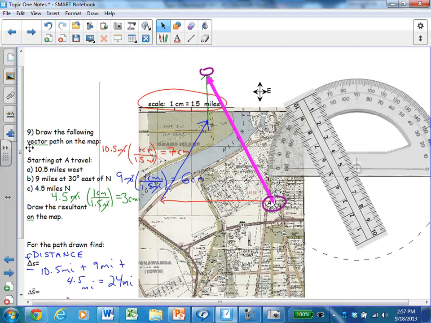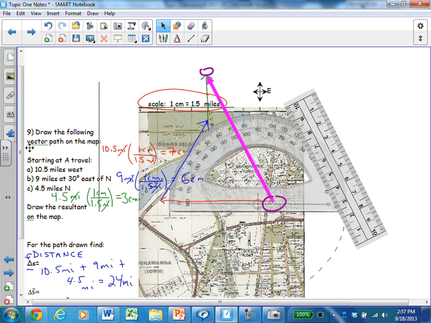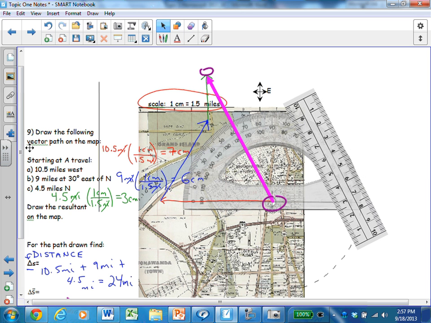So what we're going to do to get that direction is take our protractor and stick it on the end of the purple. See where I stuck the crosshairs? Right on the end of the purple. And I read that over, and I can see that I'm about 28 degrees west of north. You see that?